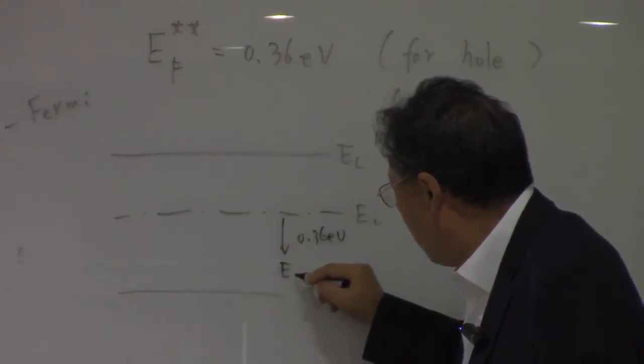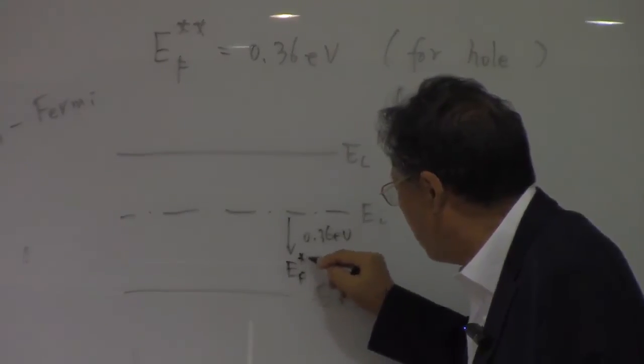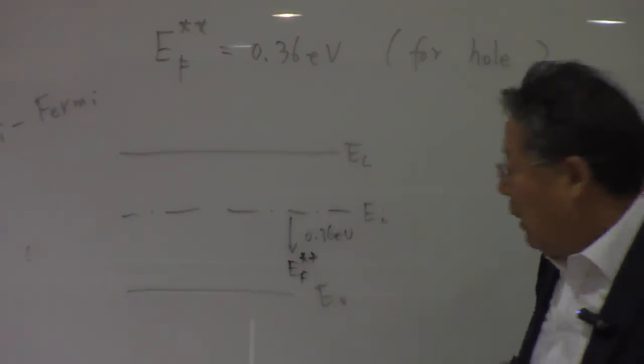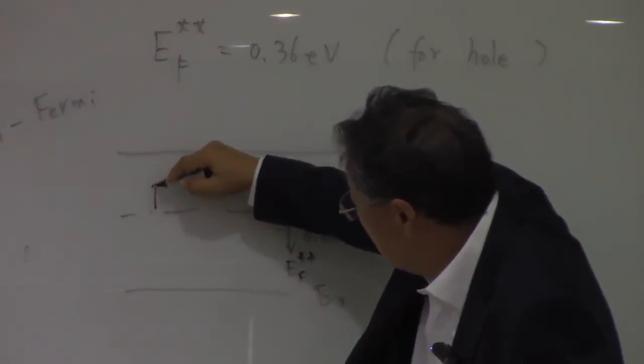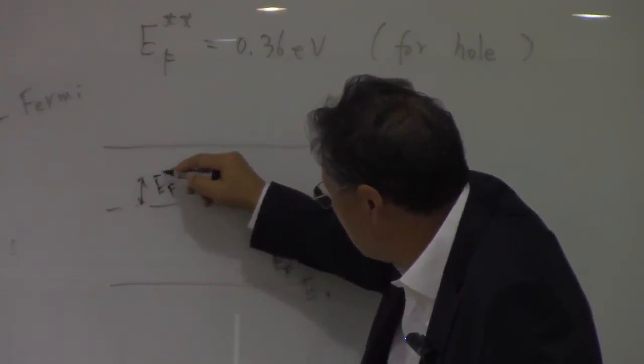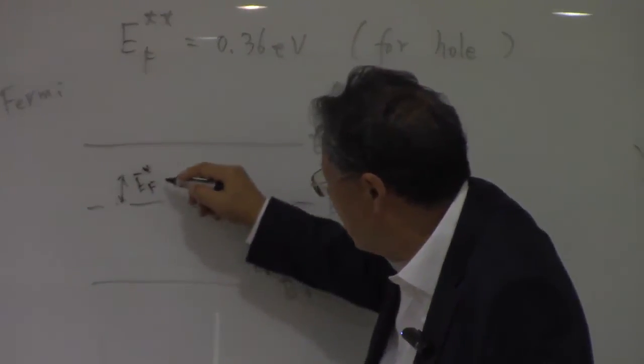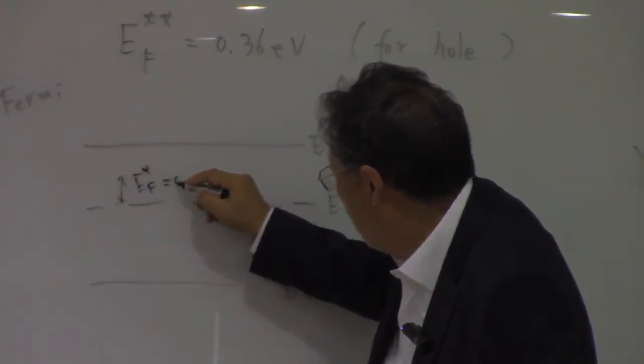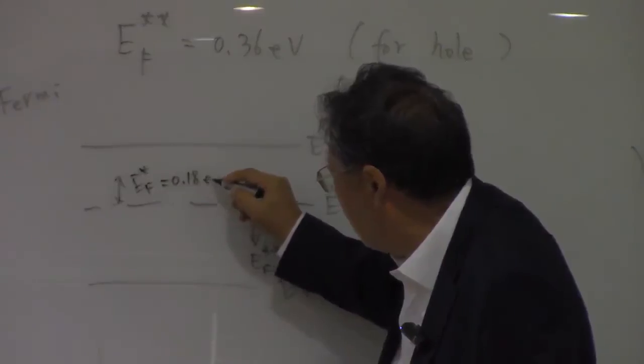You are going to have quasi-Fermi energy levels for the holes, and here you have quasi-Fermi energy levels for the electrons, and the distance is going to be 0.18 electron volts.